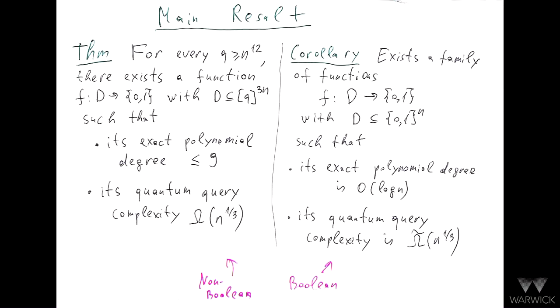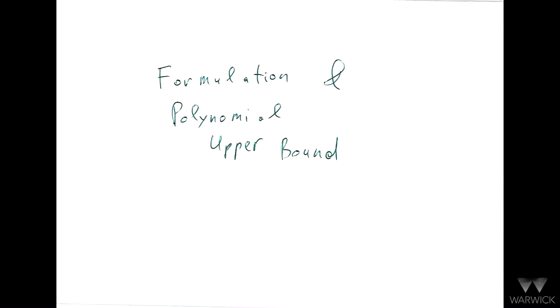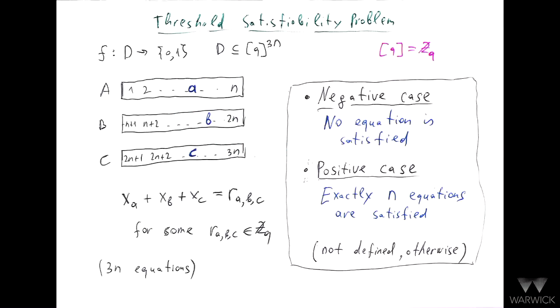My plan is to explain what this function looks like and to prove the polynomial upper bound, because both of these are rather easy. So that's the formulation of the problem. This is over some alphabet of size q. There are 3n input variables, and I break them down into 3 sets, each of size n: 1 to n, n plus 1 to 2n, and 2n plus 1 to 3n.